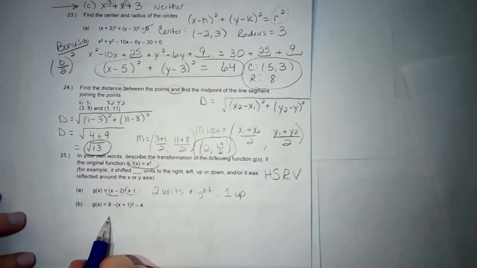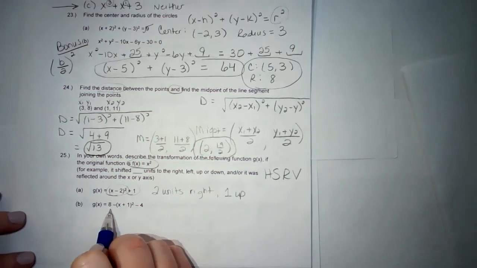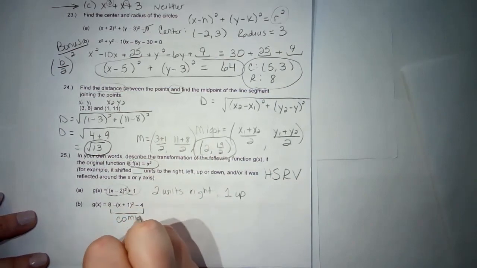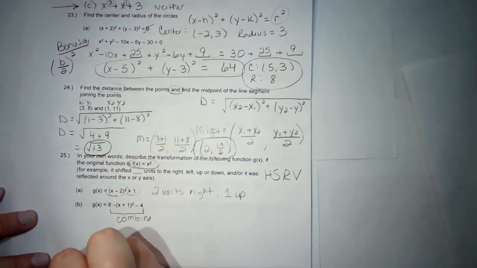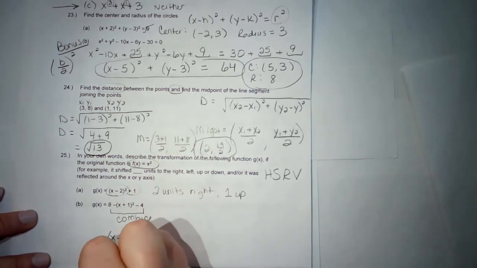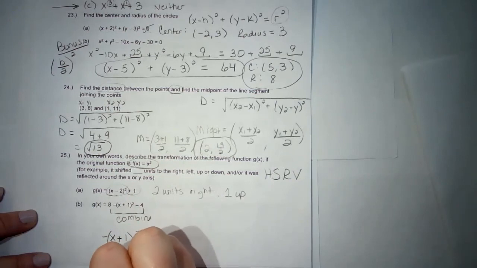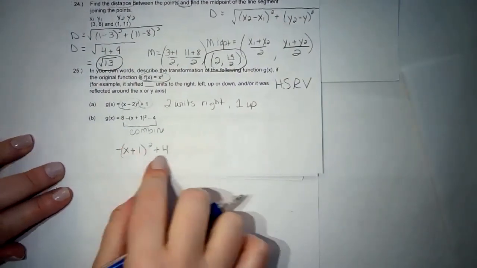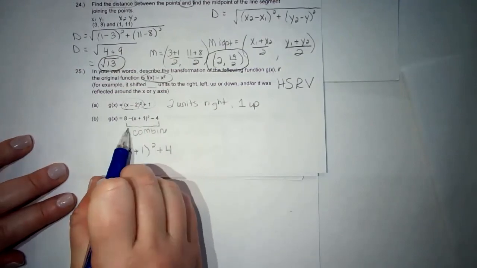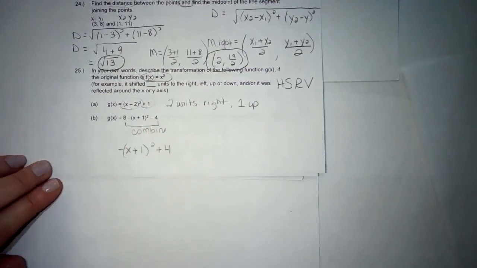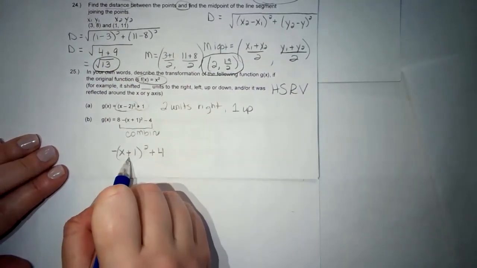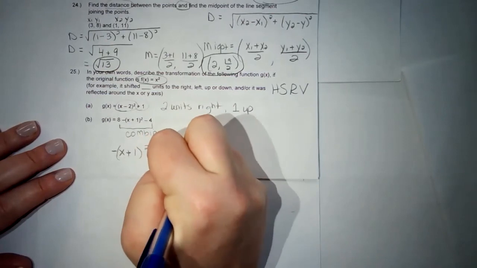Okay, let's look at this one. This one is super ugly. This one is so confusing. Your bonus is going to be real similar to this. Combine these guys on the outside. This is what you want to start with. Okay, you want to start with this. See how I combined the 8 minus 4? That's what you want to do, combine. Now let's see what's happening. Okay, horizontally, I'm moving 1 where?